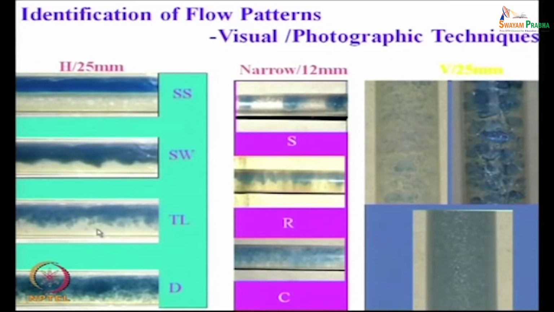This 3-layer pattern has a distinct kerosene layer on the top, a distinct water layer on the bottom, and some sort of a dispersed situation between them, which gives it a 3-layer appearance. This does not occur for gas liquid cases. This is the other difference that we have.